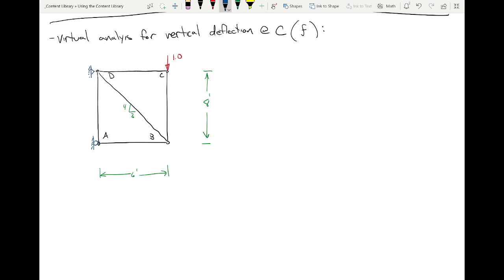Okay, so we do the truss analysis again, start to finish. We've got a roller here, a hinge here, which means we have a vertical reaction at this hinge. What's the vertical reaction at the hinge? 1 up. And just like before, what I will do is sum moments at D to figure out what that reaction at A needs to be.